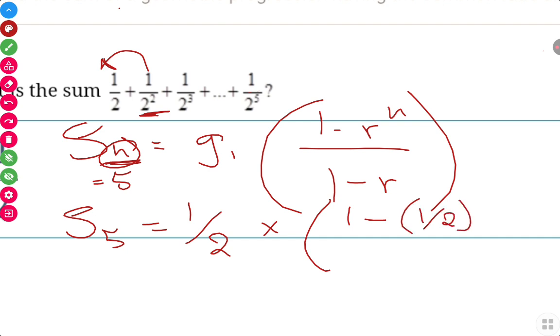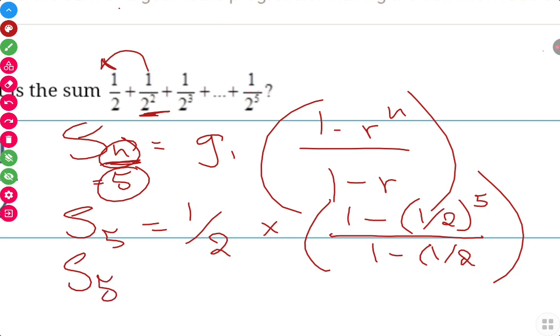N is 5, so 1 over 2 times 1 minus 1 over 2 to the power of 5, over 1 minus 1 over 2. Put it into the calculator, and you get the sum is equal to 31 over 32.